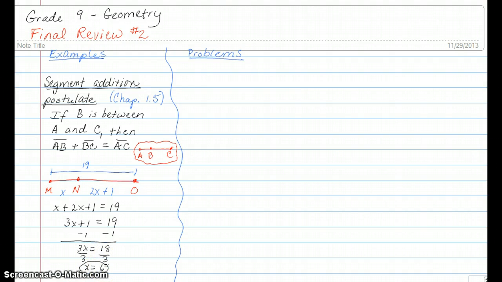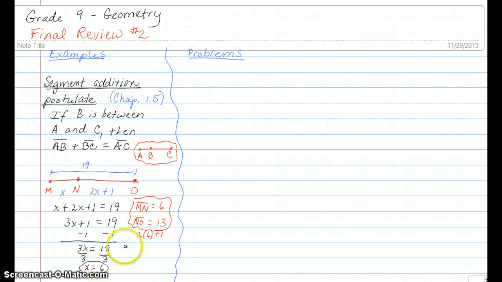If I want the length of MN, that's going to be 6, because it's right there, it's x. If I want the length of NO, it's going to be 2 times 6 plus 1, which is 13. And 6 and 13 is in fact 19, so you know you've done that correctly.